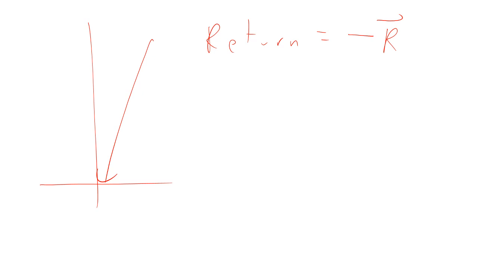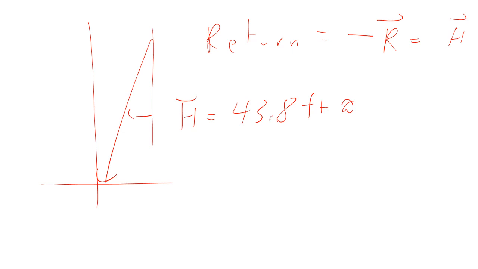I don't know what we'd call this, H vector for home maybe. And so to get the H vector, it's the same magnitude. It's still going to be 43.8 feet, but instead of being 8.8 degrees east of north, now it's going to be at an angle of 8.8 degrees west of south.